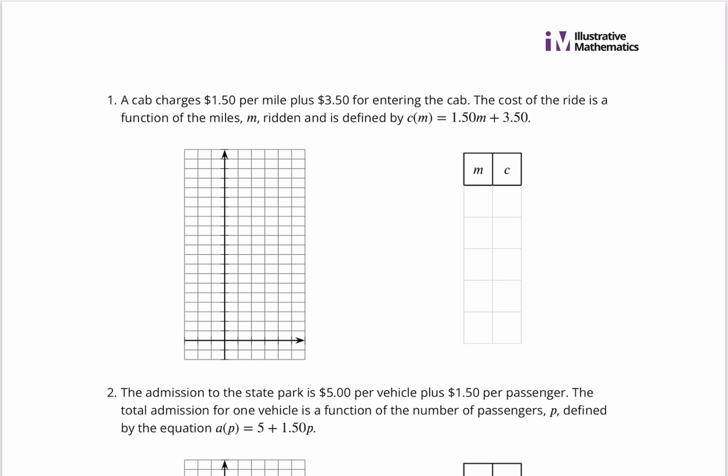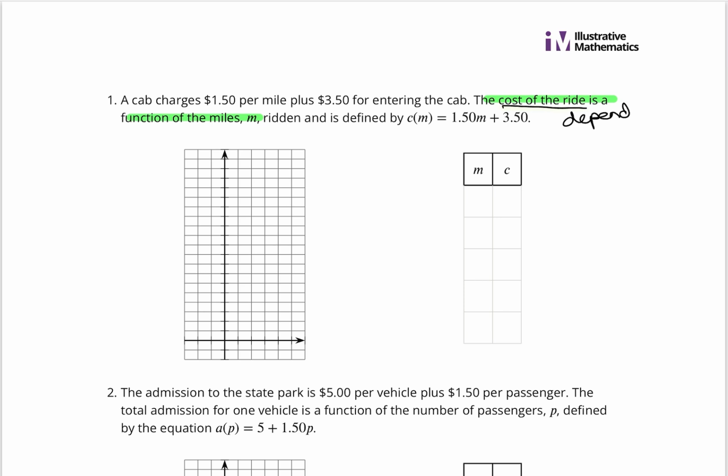The first thing I want to do is figure out what's my input, what's my output, which is my independent variable, what's my dependent variable. So I notice it tells me the cost of the ride is a function of the miles ridden. And I know when I have a sentence about a relationship written that way, blank is a function of blank, that means that the first thing they're telling me, the cost of the ride, is the dependent variable.